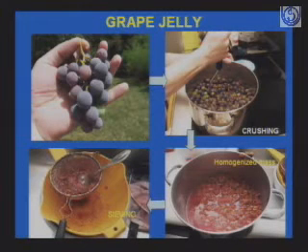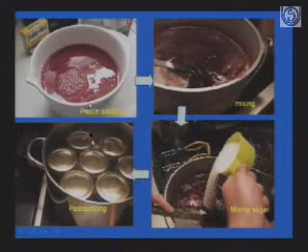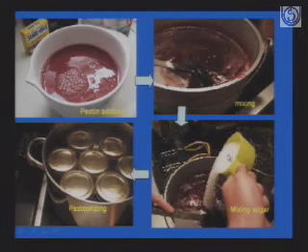Let's see how to make a jelly. We can make a good jelly even from grapes. Fresh grapes are crushed, the homogenized mass is then taken and sieved, and then you add pectin, mix, then add sugar, and finally fill in bottles and pasteurize for about half an hour.